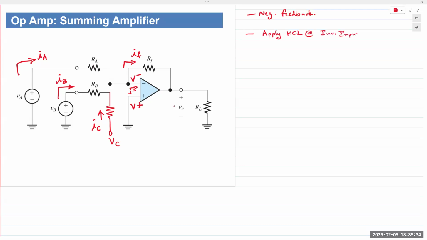We use the same techniques. We apply KCL at the inverting input, so we obtain that the sum of all three individual currents is equal to IF: IA plus IB plus IC is IF.